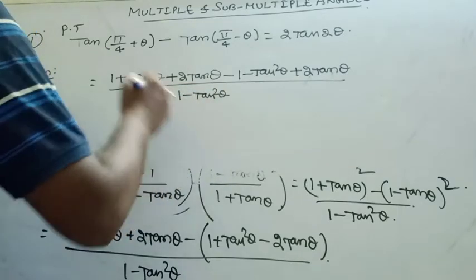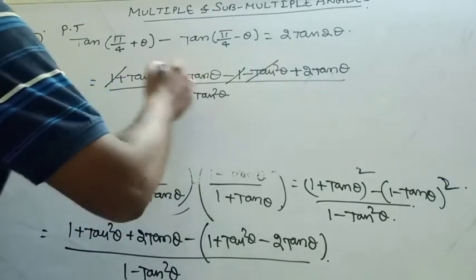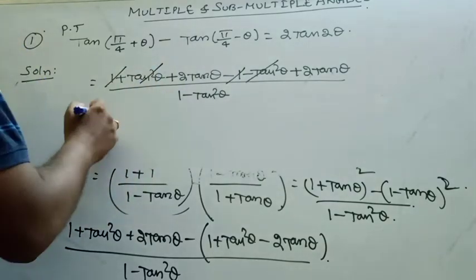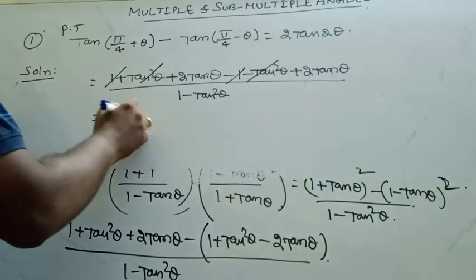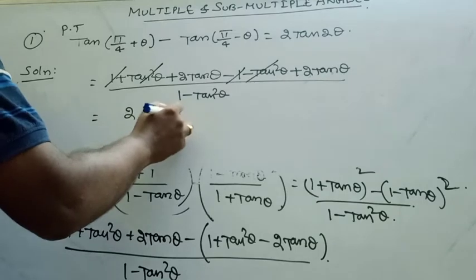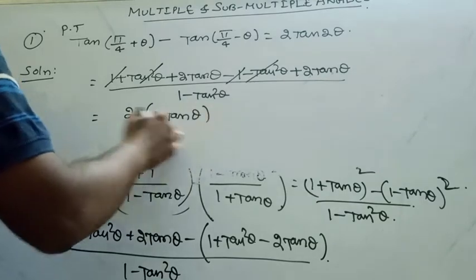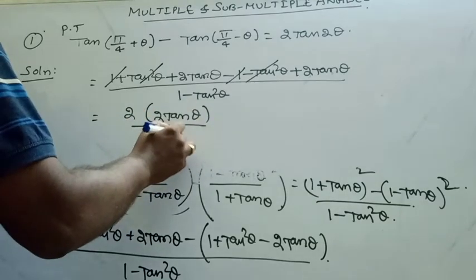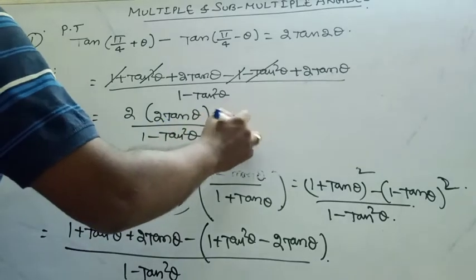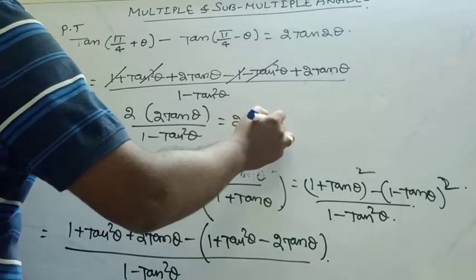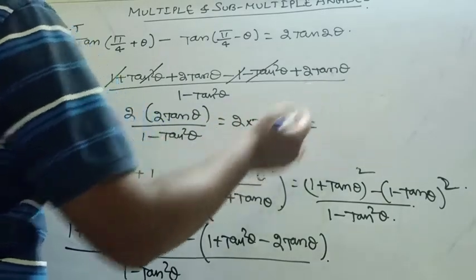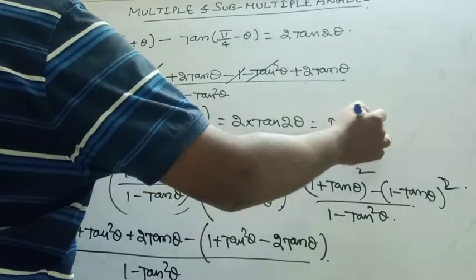The 1 and minus 1 cancel, and tan square theta cancels. In total you have 2 times 2 tan theta by 1 - tan square theta. This is 2 into tan 2 theta, which is the right hand side part.